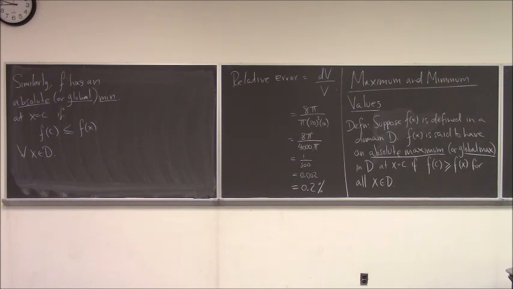If you can find a y value that's smaller than everyone, you call that the global minimum.